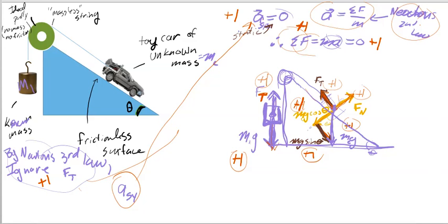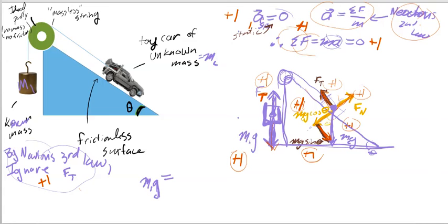Let's see. So for the next part, we need to put it all together. Since we're now ignoring force of tension, it should be pretty easy. What's pulling you? What's balancing out? Well, this is wanting to pull it down, so you know that M1G is going to equal, well, what's going in the opposite direction? Let's say that this is falling down this way.